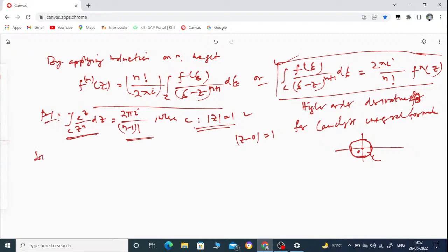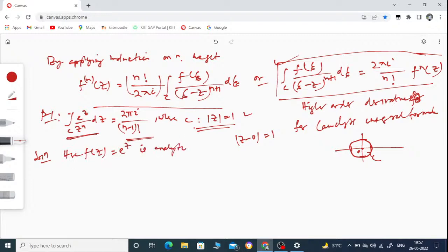So here f of z is e to the power z, which is analytic in C, because the exponential function is analytic everywhere.